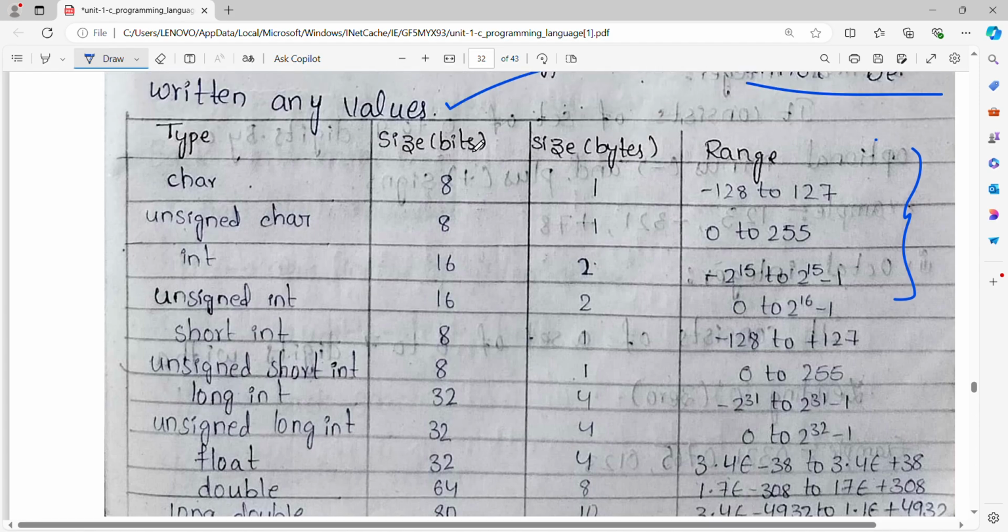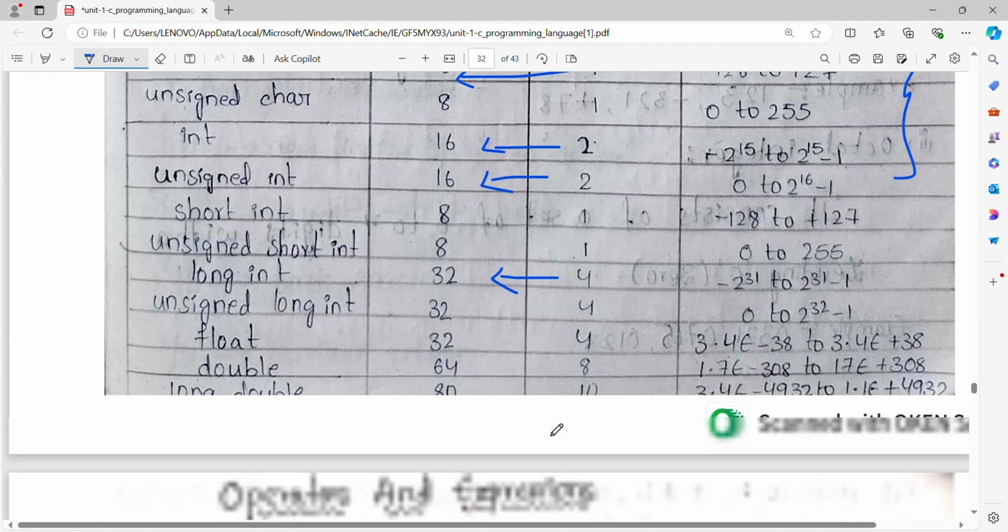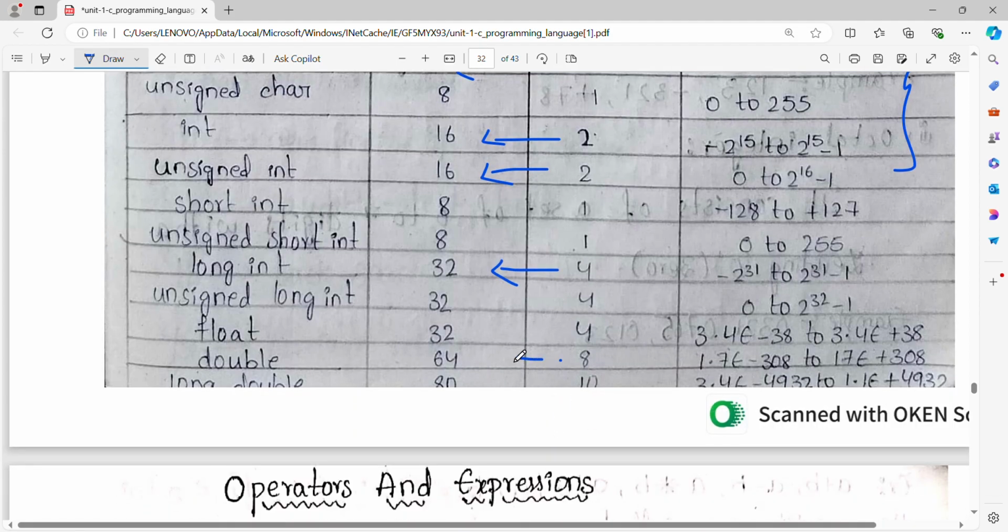This is the size in bits and this is the size in bytes. 1 byte is equal to 8 bits. 2 bytes is 16 bits. The table is very easy. If it is 4 bytes, 4 eights are 32. If it is 8 bytes, 8 eights are 64. If it is 10 bytes, 10 eights are 80 bits.